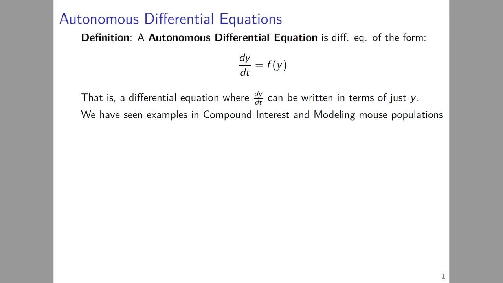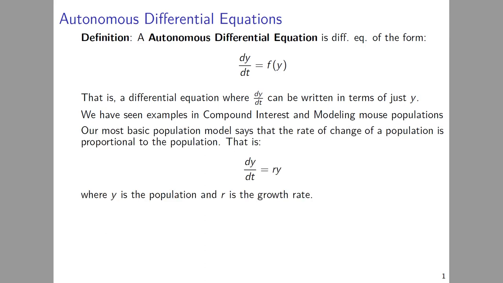And for our next example of an autonomous differential equation, let's revisit that population model and improve on it. Our most basic population model says that the rate of change of a population is proportional to the population. That is, dy/dt is equal to r times y, where y is the population and r is a constant called the growth rate.